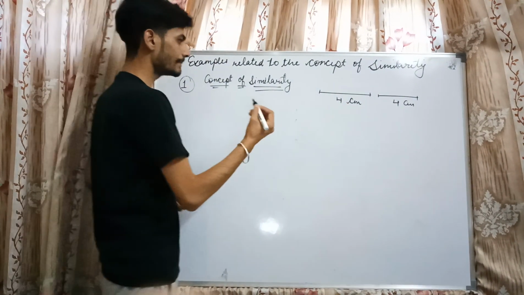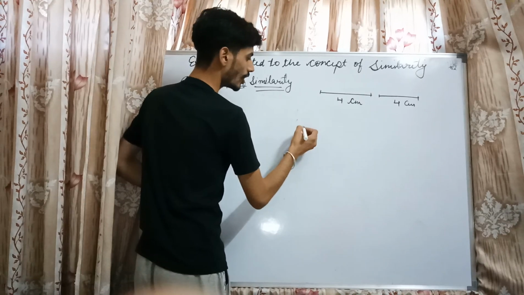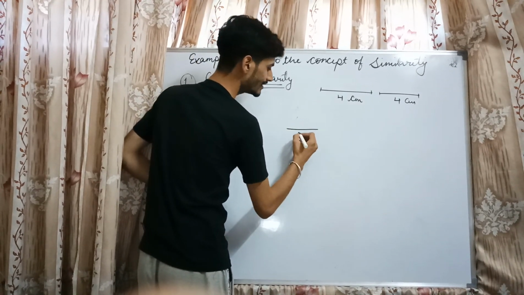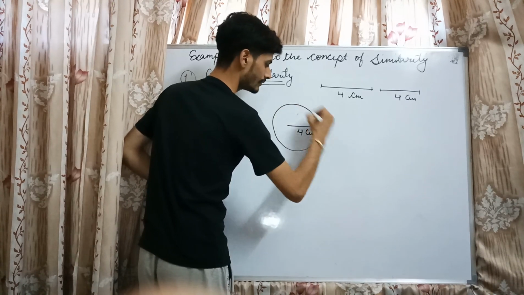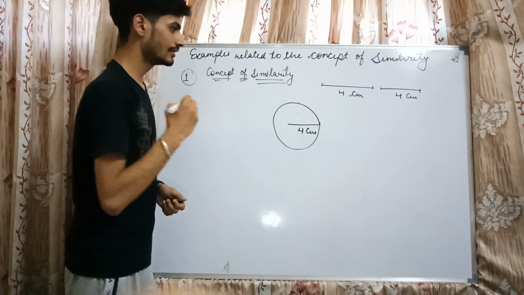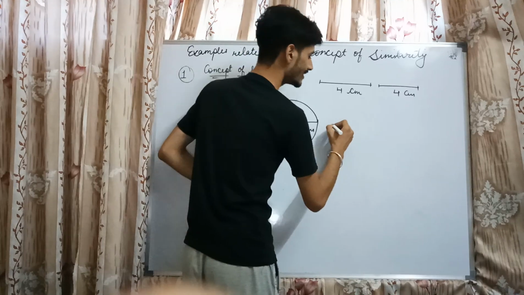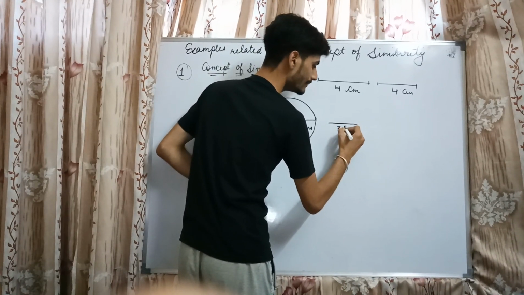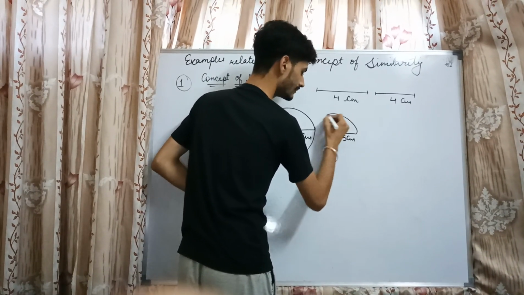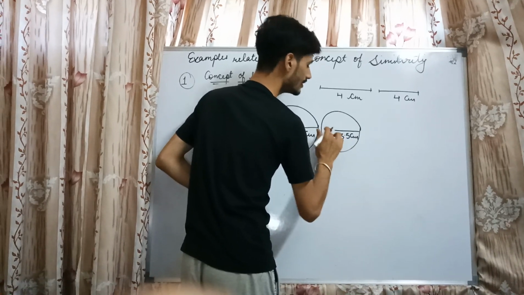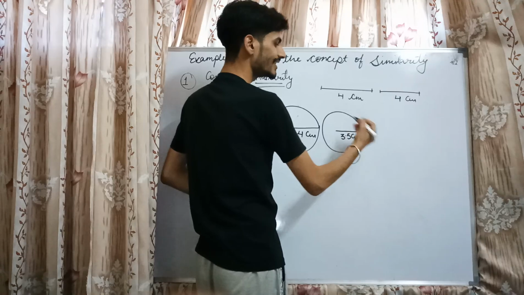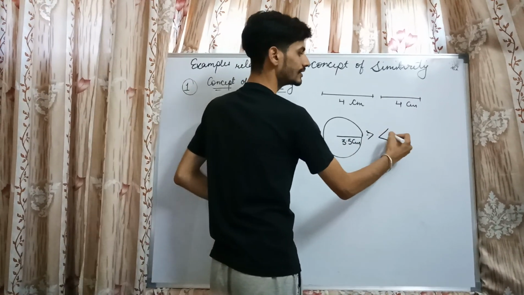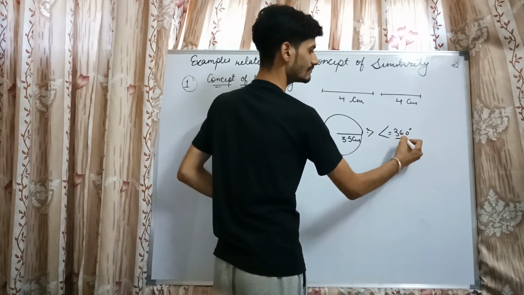So for the further step, if I take the example of a circle with radius 4 centimeter, that is the first case. For the second case, if I take the circle with 3.5 centimeter radius, in this case both the circles maintain the angle of 360 degree.